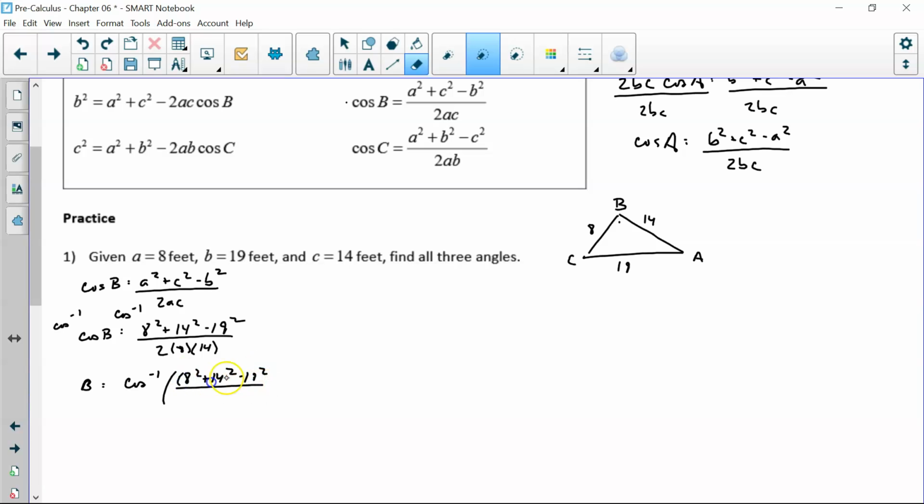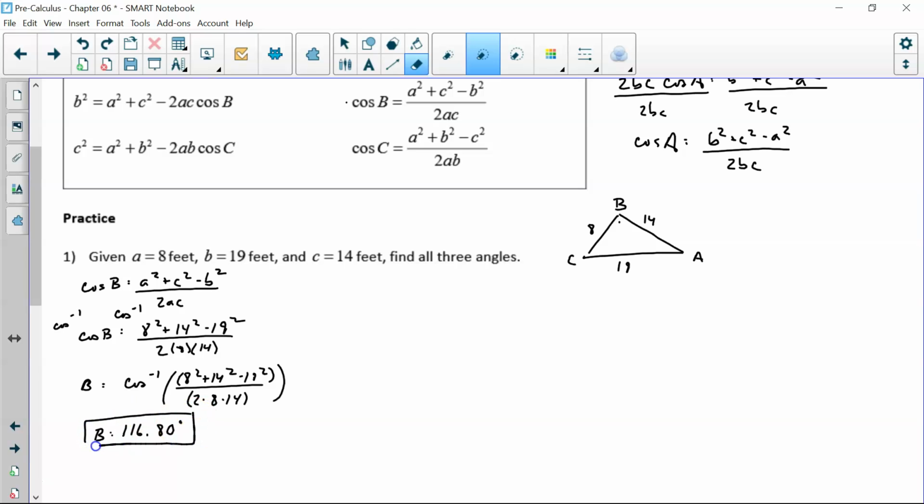You'd want to put that whole numerator in parentheses and then divide by the whole denominator in parentheses, 2 times 8 times 14. And we're taking the cosine inverse of both sides. So angle B, when you type that in, make sure you're in degrees, is 116.80 degrees.